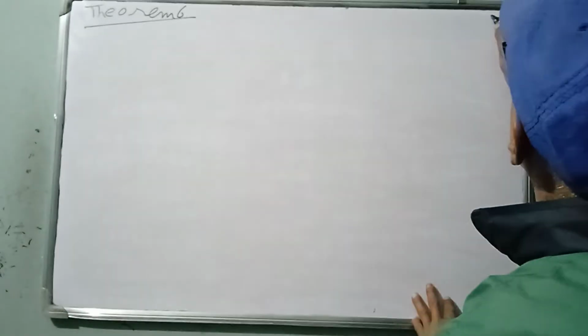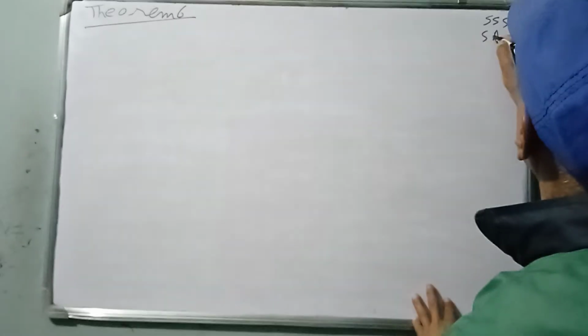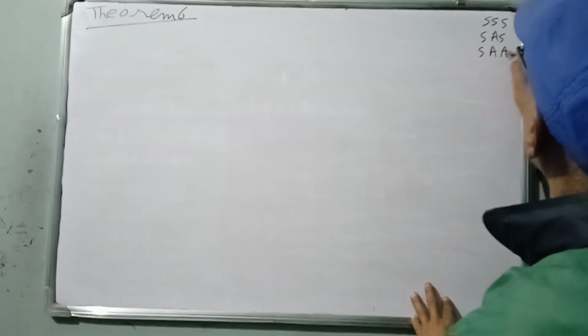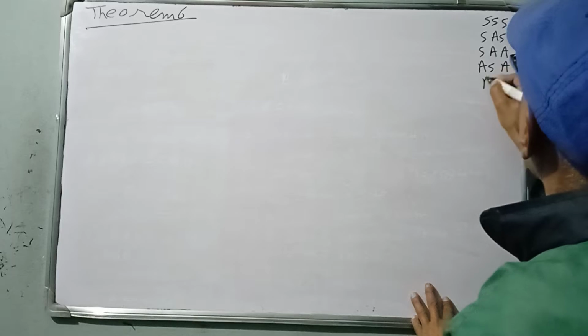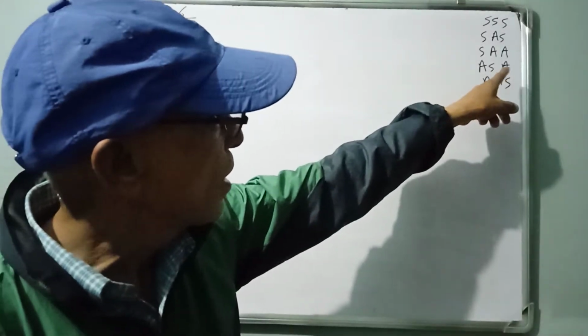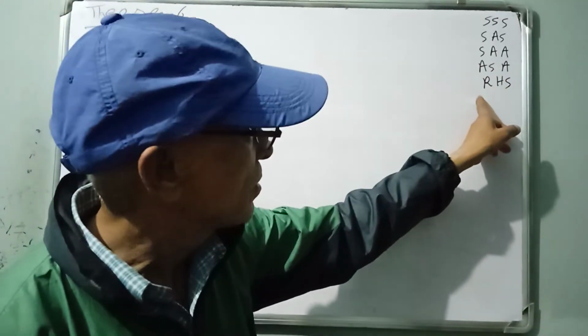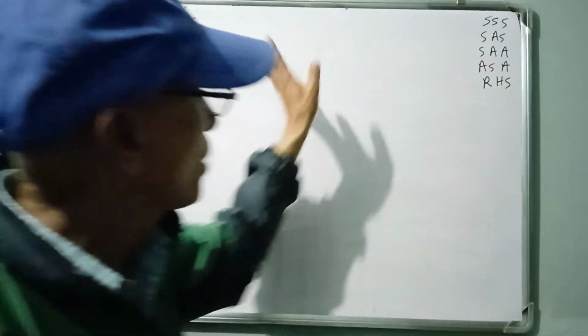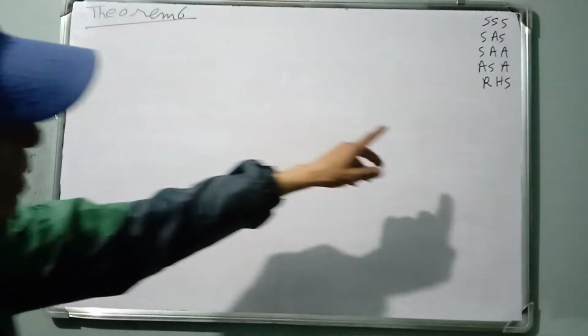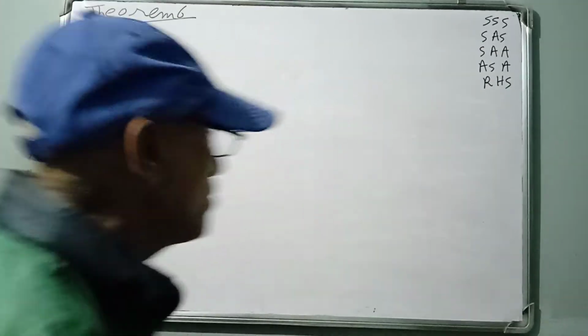You can apply either side-angle-side, angle-side-angle, or RHS. There are 5 facts: SSS, SAS, AAS, ASA, and RHS. You can apply any one out of the 5.